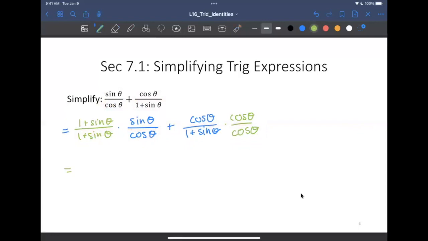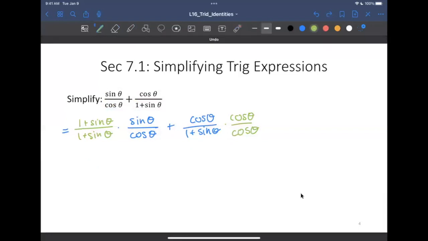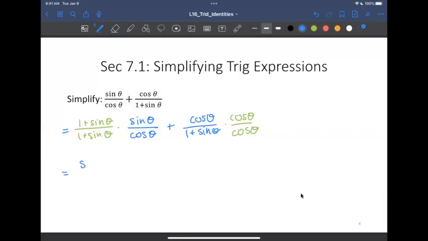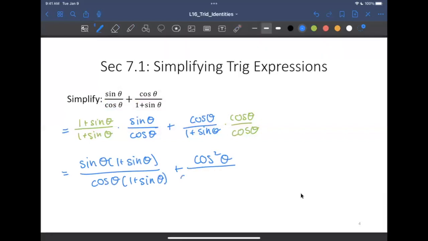The numerator for this guy is sine theta times 1 plus sine theta over cosine theta times 1 plus sine theta plus cosine squared theta all over cosine theta times 1 plus sine theta.